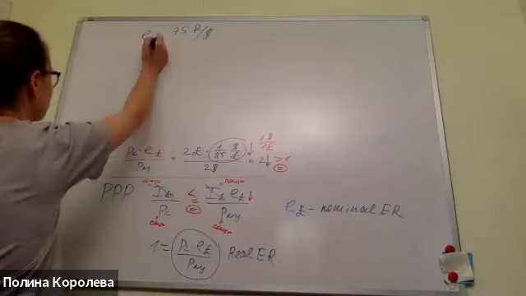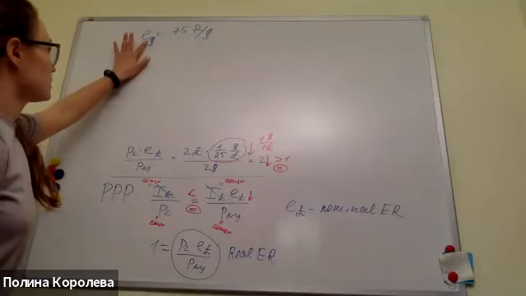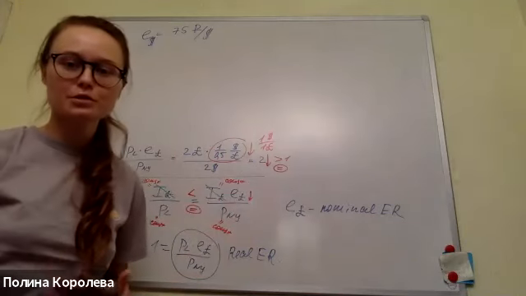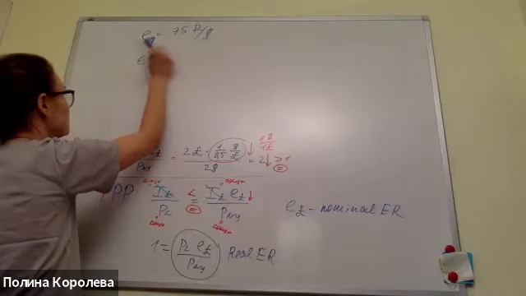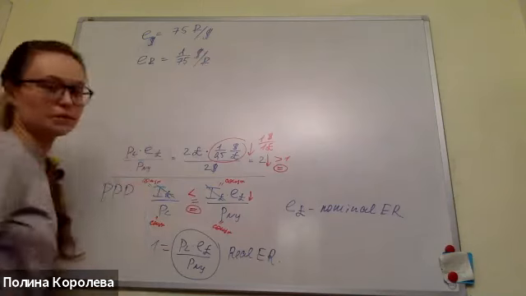We divide rubles by dollars, so it's the exchange rate of the dollar. Yes, it indicates how many rubles we can buy for $1. So in Russia we always use not the exchange rate of the ruble but the exchange rate of the dollar, for simplicity. And the exchange rate of the ruble here is $1/75 per ruble. Agree?